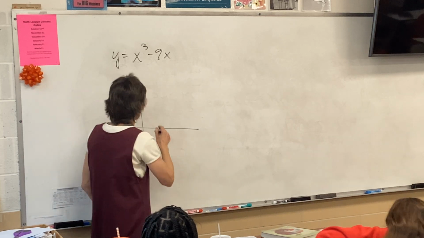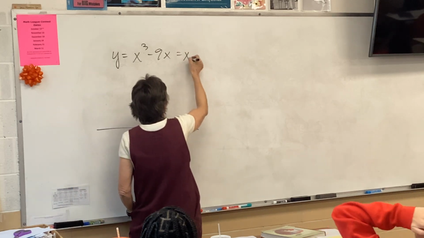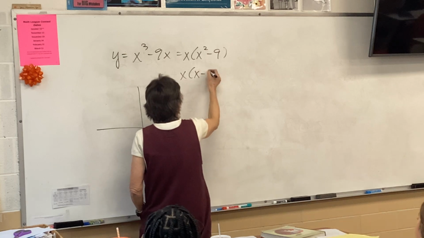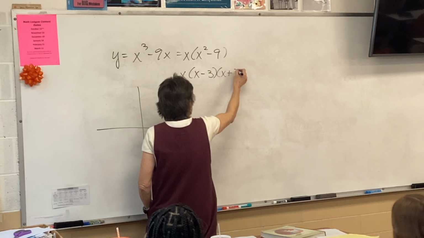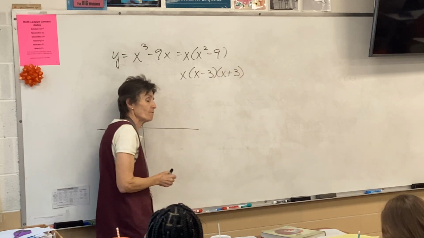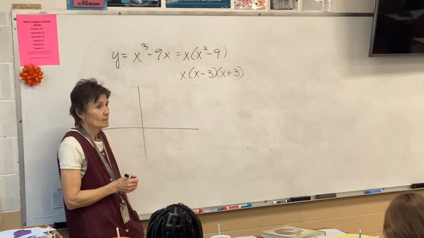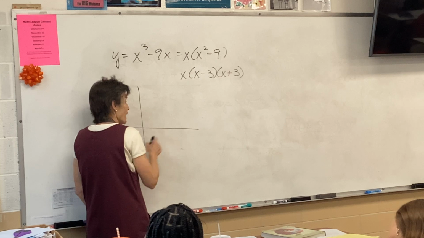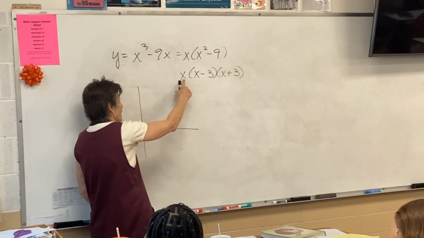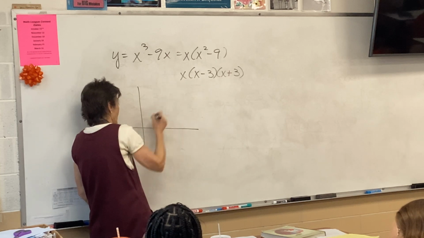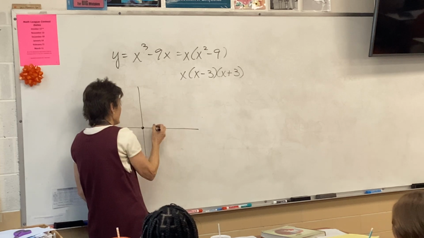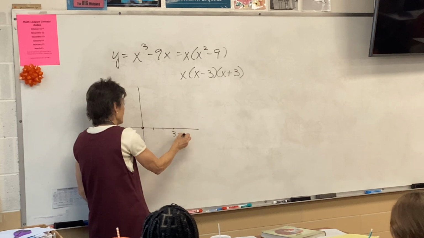There is a greatest common factor, and then we have the difference of squares. Once we get it all factored, then we put some dots on our x-axis. The dots will go at 0, because plain x is a 0, and then 3 and negative 3.